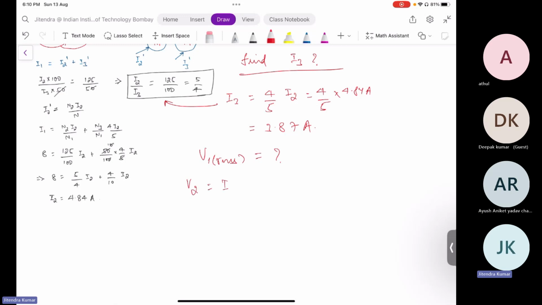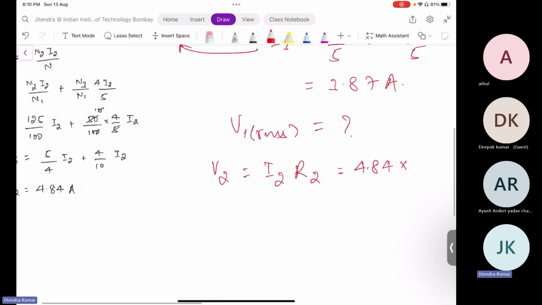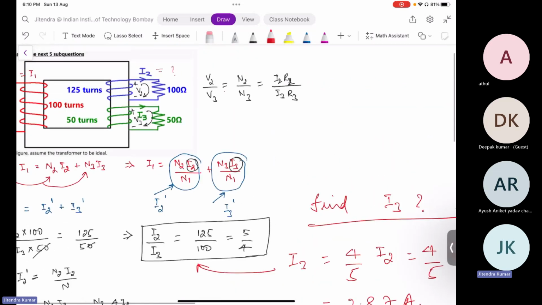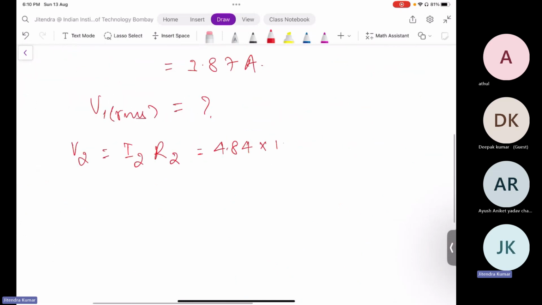V2 was nothing but I2 R2, right? I2 we have found out as 4.84, into R2, which was 100. So it is 484 volt, V2.